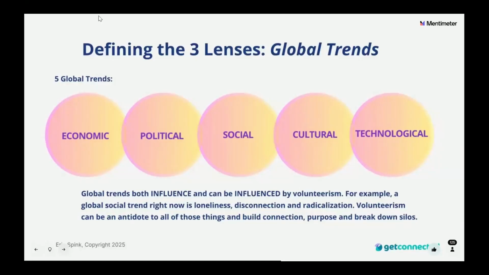Because what does volunteerism do? We know it builds connection. It adds value and purpose to people's lives. It breaks down silos because you are often interacting with people that you wouldn't normally meet in your neighborhood, right? So it is introducing you to people who are often maybe different from you on some levels, but perhaps what you share are values, and connectivity. And I'll do a shout out to Megan, who I believe is on today's webinar, who is the volunteer coordinator at National Service Dogs, where I'm volunteering to raise a service puppy.